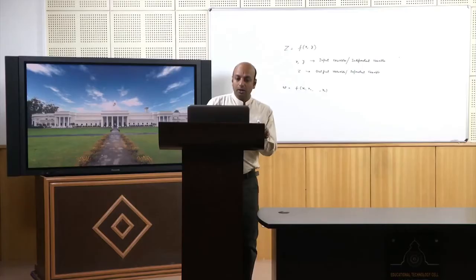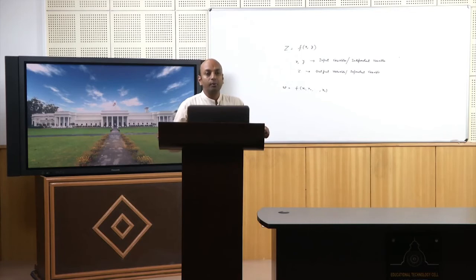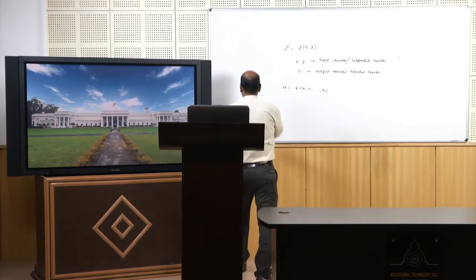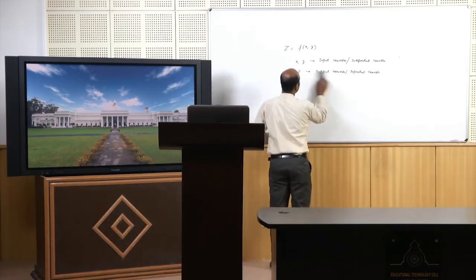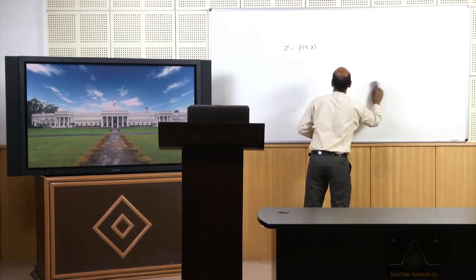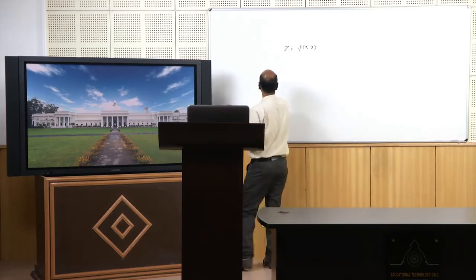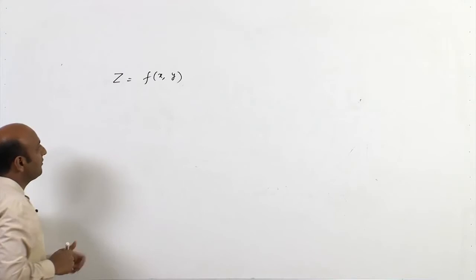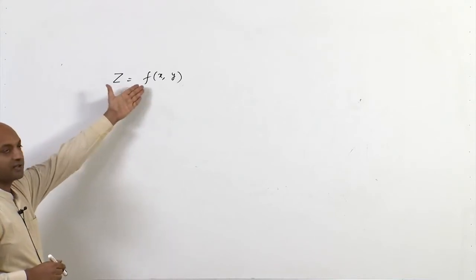Now, how can you define the domain and range of two variable functions, and similarly we can extend the concept to n variable functions. In a similar way as we did for single variable functions, we can define domain and range for two variable functions as well. You see, we are having a two variable function z equal to f(x,y).